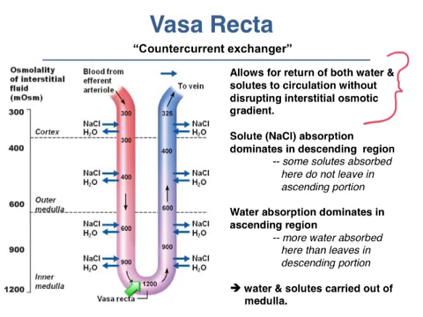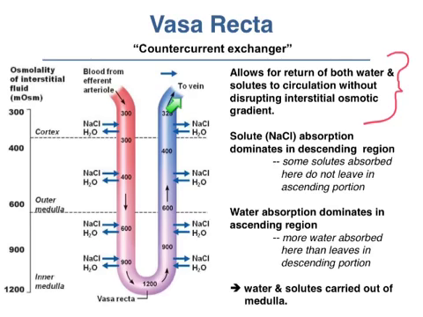So the blood gets pretty concentrated at the bottom of the Vasa Recta, in equilibrium with the osmolality of the interstitial fluid in the medulla. As that blood turns and passes back up, water absorption dominates. Now you have water getting picked back up, rediluting that blood.